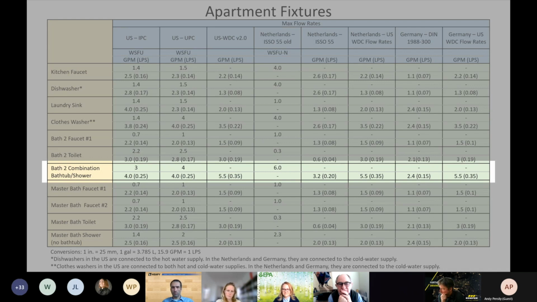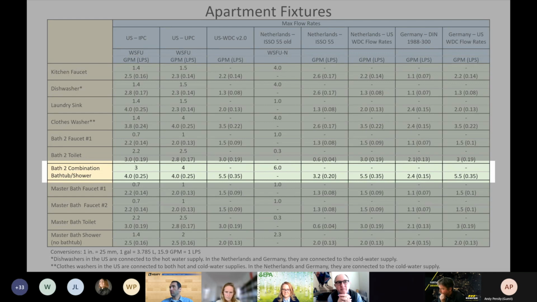We did not want a flow rate too low coming out of the tub filler, where the occupant would have to wait an awful long time to fill a bathtub. But we also did not want the flows to be excessive. So 5.5 is close to the median of all the data of end flow uses from bathtubs. But you could go lower.